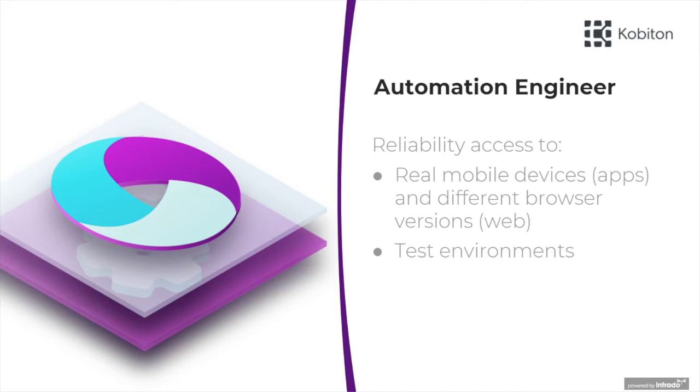So automation engineers are much the same way. They can write a lot of their scripts from their desktop. They typically will need some access to real mobile devices as well in test environments, but they can do a lot of their prep with local emulator environments.